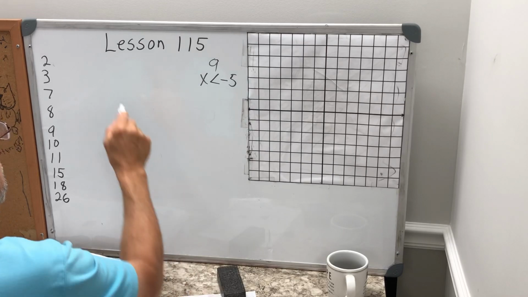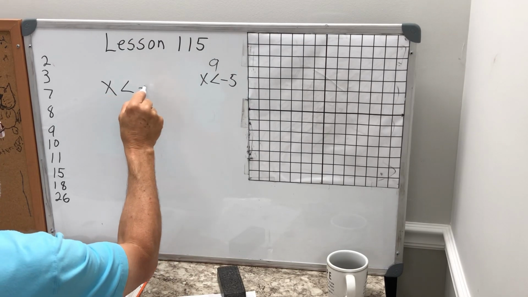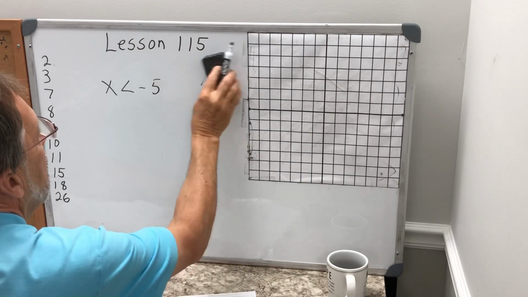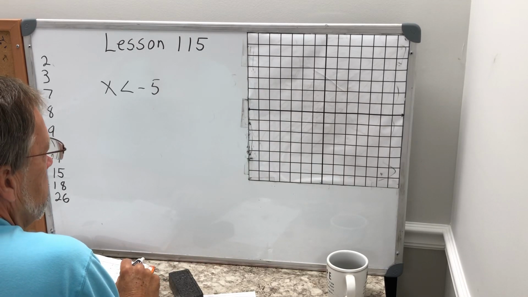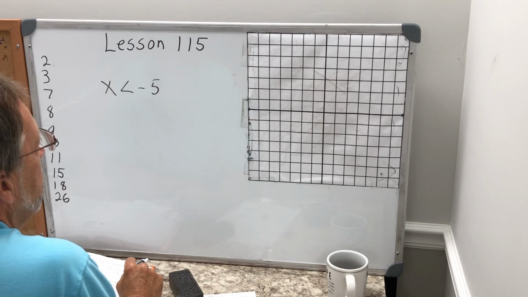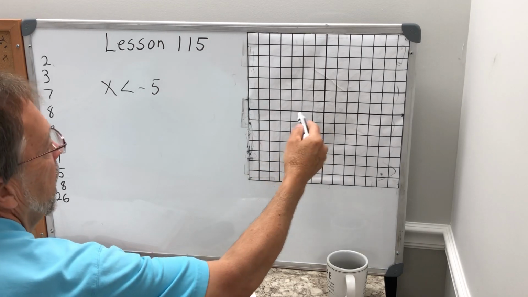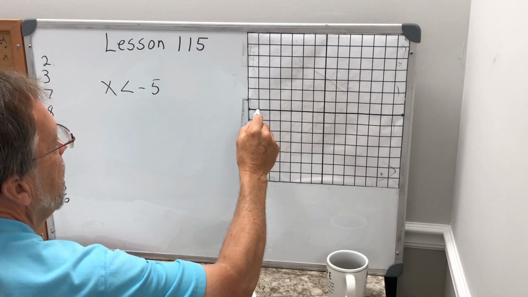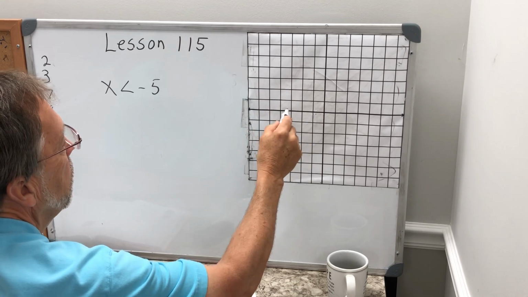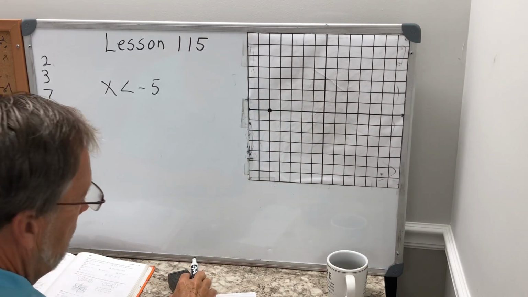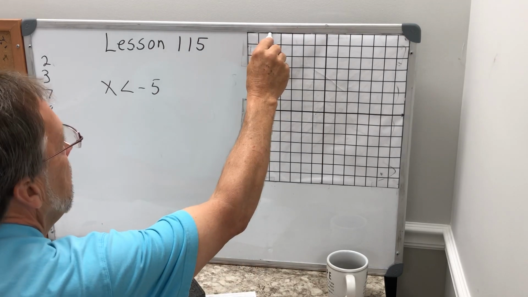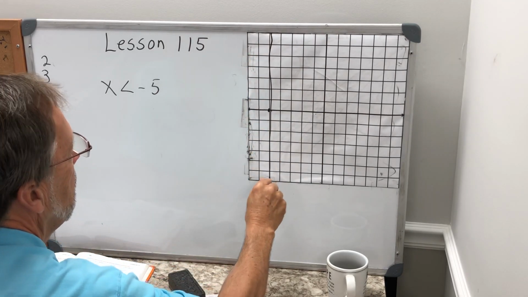And the final one, we'll move it over here, x is negative 5. That's number 9. This one's in a simple form. Where is negative 5 on the x line? This is our x line. We go over here to negative 5. 1, 2, 3, 4, 5, right here. And we draw a line down everything from here.